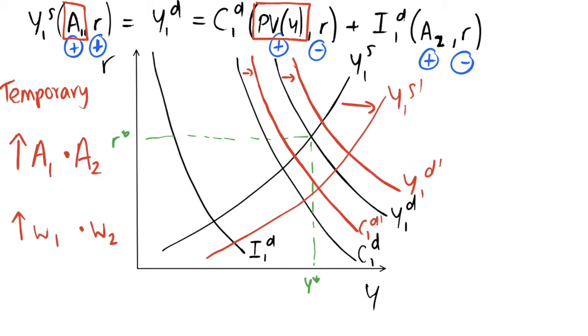Okay, so we have shifted our consumption curve and our supply curve, and we have a third and final effect, and this one is the difference between permanent and temporary, because this change is a second shift out in supply. And can you spot what this increase in supply comes from? Well, it was here all along.